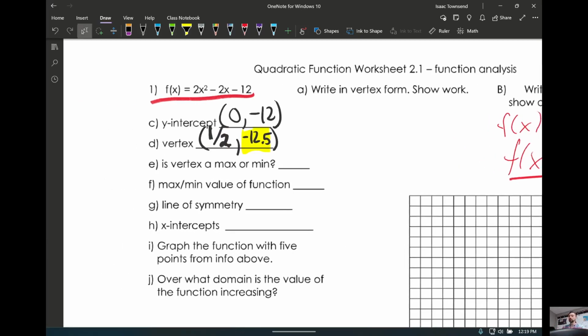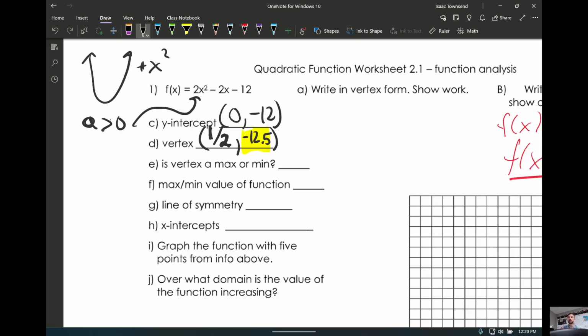Okay, to know if the vertex is a max or a min, you really need to know if this parabola is opening up or down. So if A is positive, A is this number, it's going to open up just like x squared. This is positive x squared, A is positive 1, it opens up.